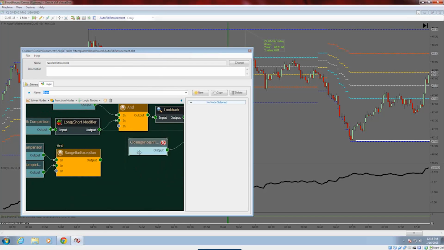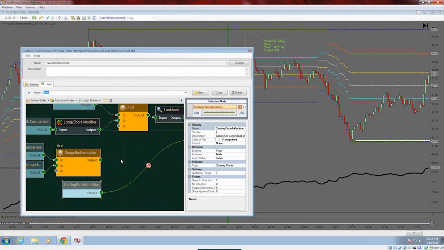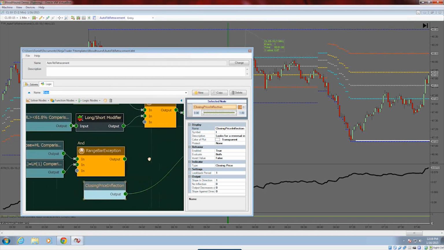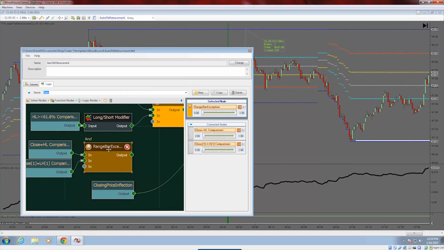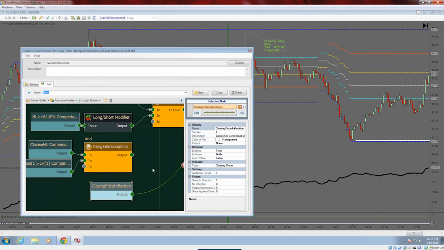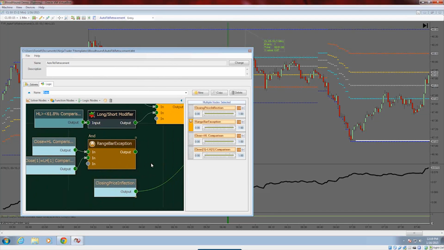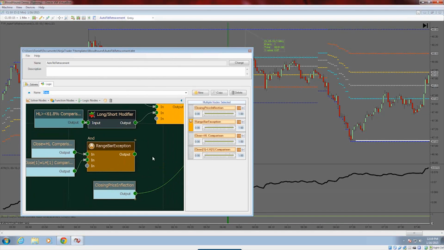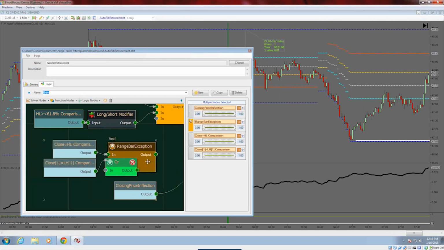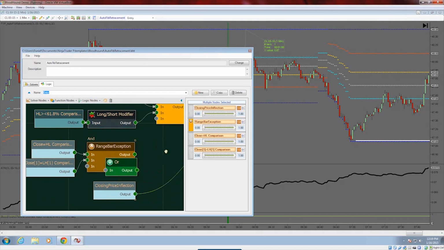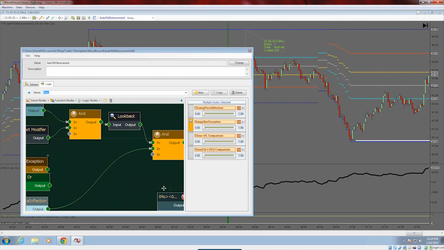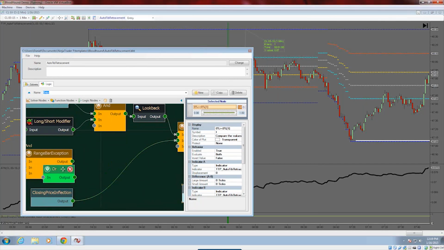First of all, let me do this. I'm going to combine these two. So these two right here and the closing price inflection, these would be considered the trigger bar. Depending on whether we're using range bars or minute, tick, volume, what have you, we'll use one or the other of these conditions here.